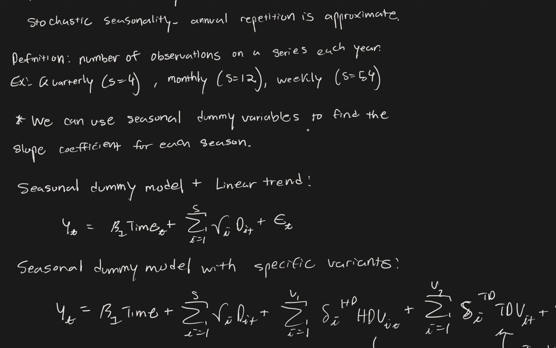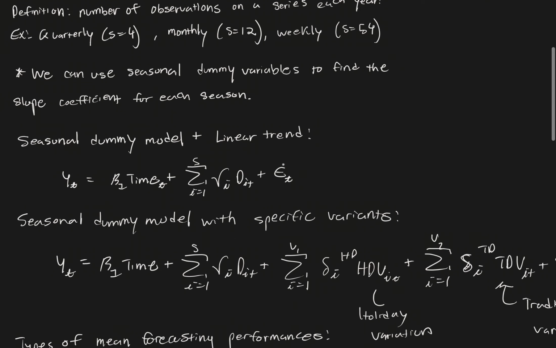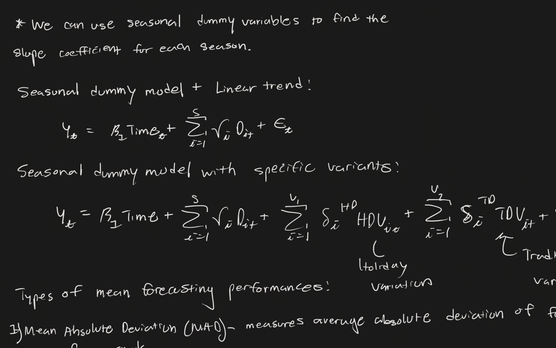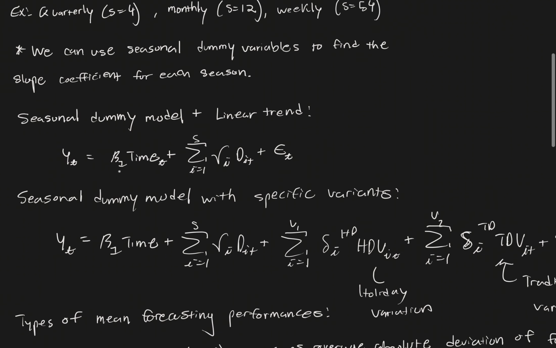And so the way we can mathematically model this is what we call the seasonal dummy model. In this model, we have a time variable, which we use to represent the trend, because the trend is more general.